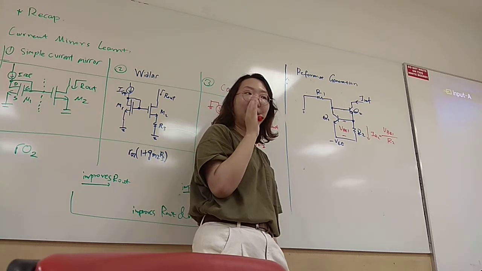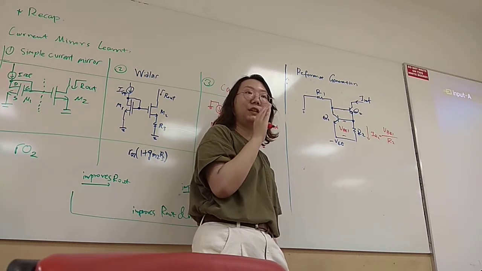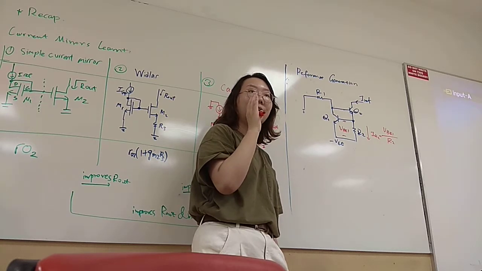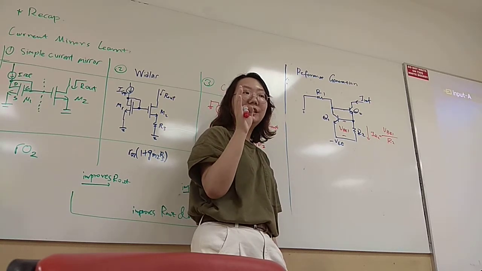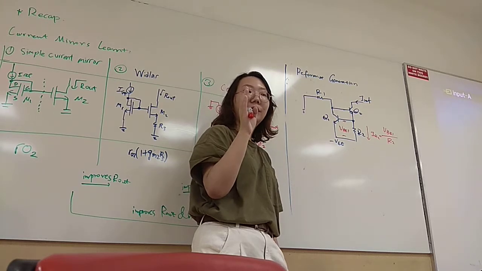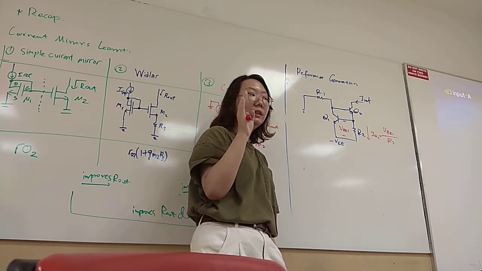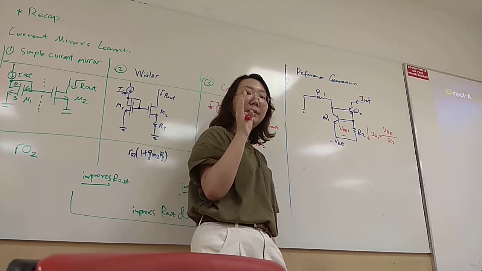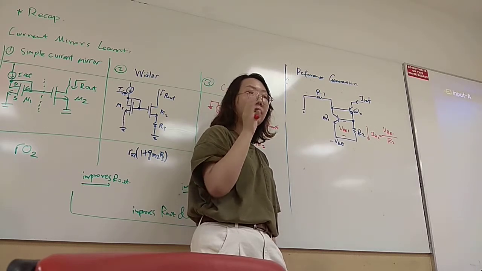For all other cases, like calculating the output resistance of the current mirror constructed by BJT, we are assuming beta is very large, right? So beta is very large, so IB is very small.